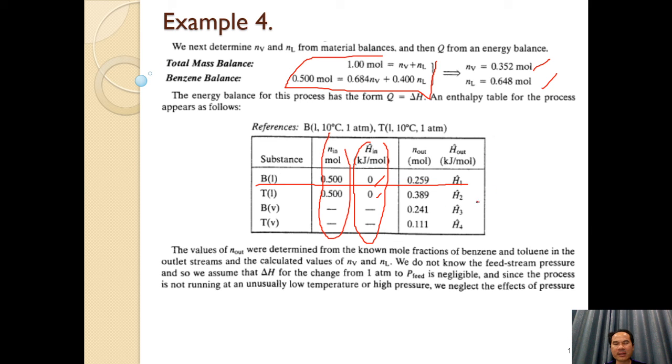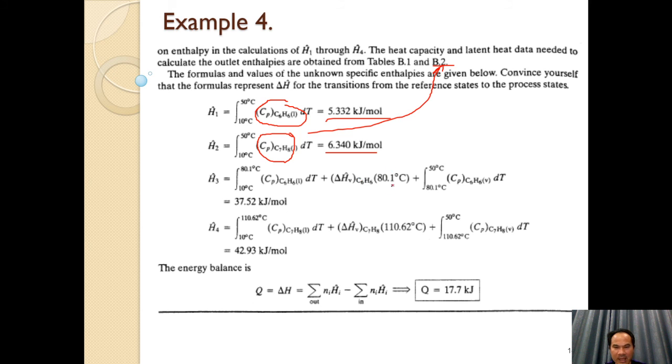We have three steps. Benzene liquid phase to the boiling point, right? First, the boiling point of benzene is 80.1 degrees Celsius, and then you decrease the temperature from 80.1 to 50.